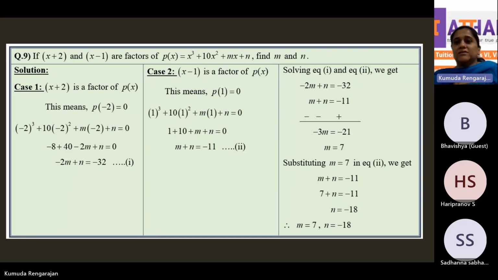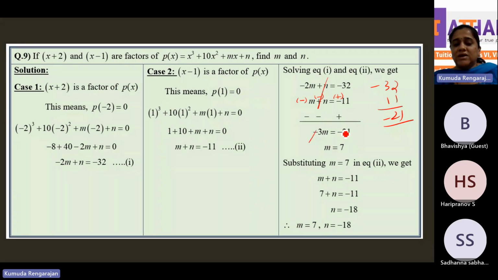Correct? Then write the equations one below the other. Here the signs must change, minus, plus. Plus n and minus n cancel out. So minus 3m is equal to minus 21, because minus 32 plus 11 is minus 21. How do you simplify this?